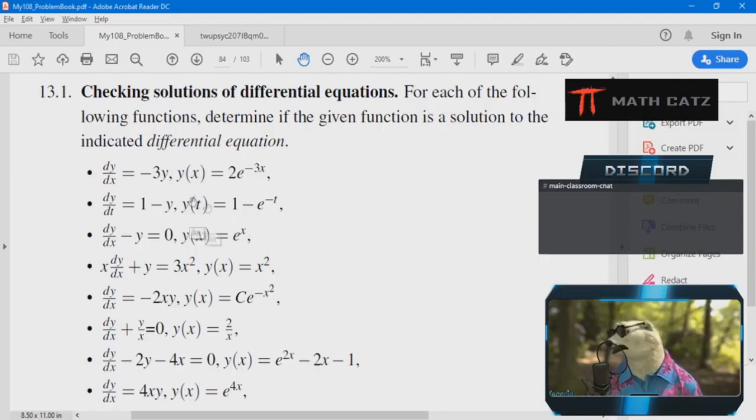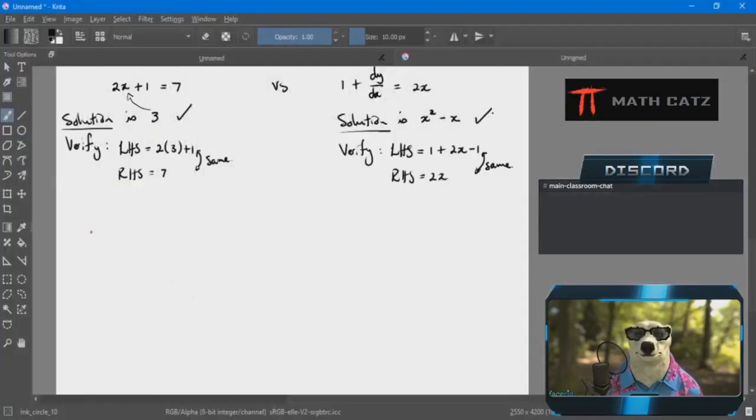So let's just do number 1, for example. Oh, it doesn't have numbers. The first one, the first dot in 13.1. I have a differential equation first. What is it?